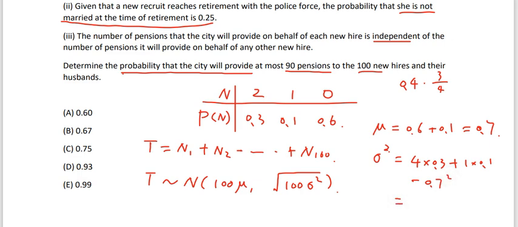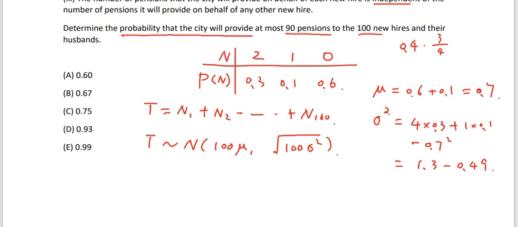So this equals 1.3 minus 0.49, and this is sigma squared. Then the mean is 70, and the standard deviation is 10 times sigma, where we take the square root.